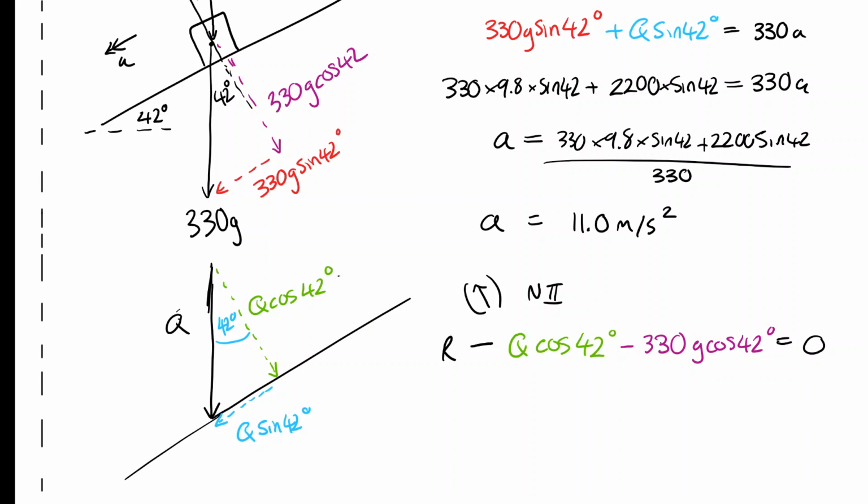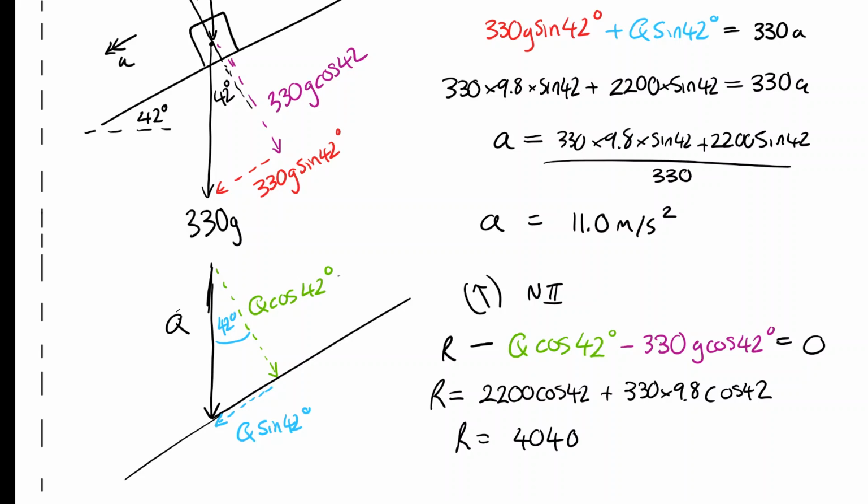This doesn't accelerate into the slope or out of it. So you can rearrange 2200 cos 42 plus 330 times 9.8 cos 42 is equal to R. Therefore R is equal to 4040 newtons. So we've got part B.